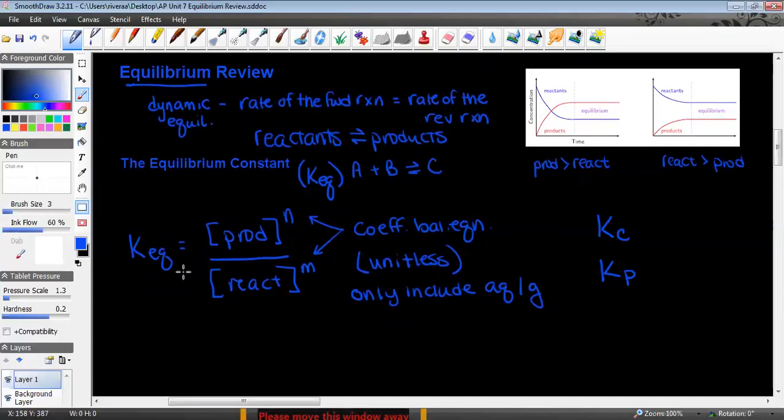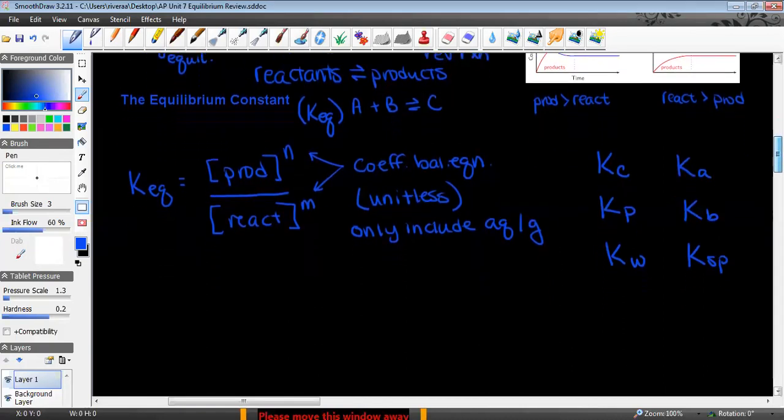For a weak acid, you would call this a Ka. For a weak base, a Kb. For the autoionization of water, Kw. And for the dissociation of a salt, Ksp, the solubility product constant. We did a ton of different types of problems that used all of these K values.